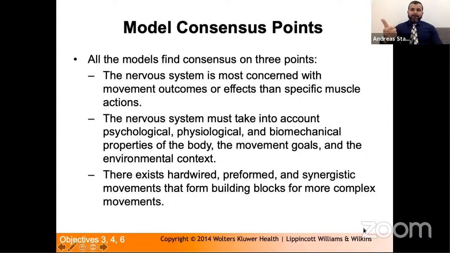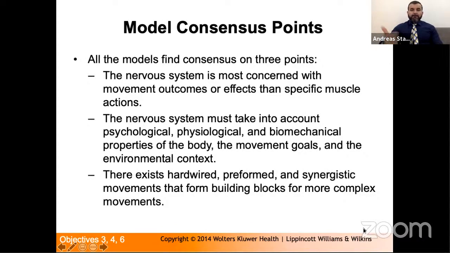It will adapt in any way possible to produce the outcome. 2, the nervous system must take into account psychological, physiological, and biomechanical properties of the body, the movement goals, and the environment. So a lot of information going on. Again, our brain is amazing.